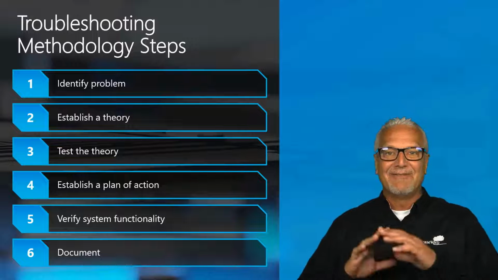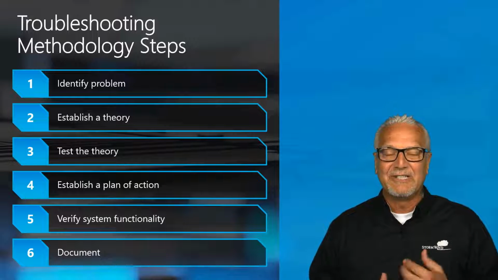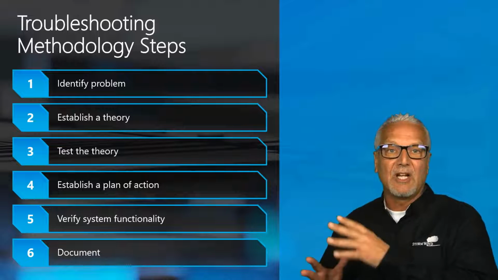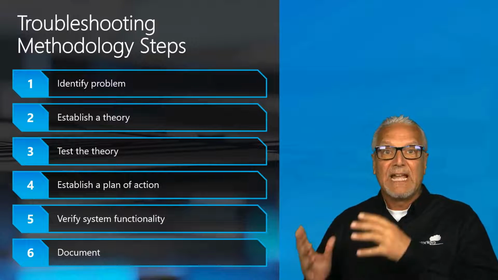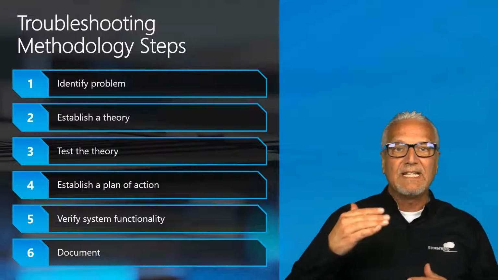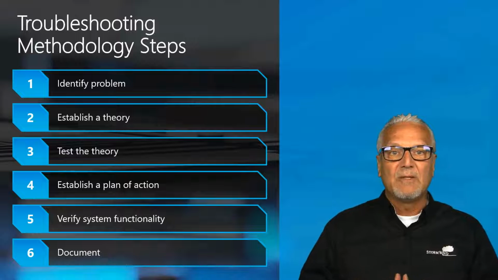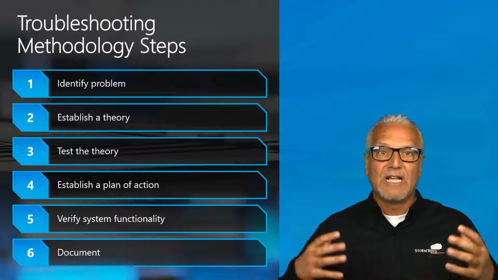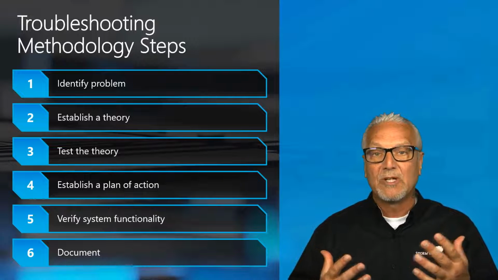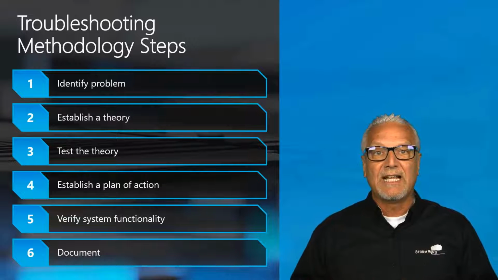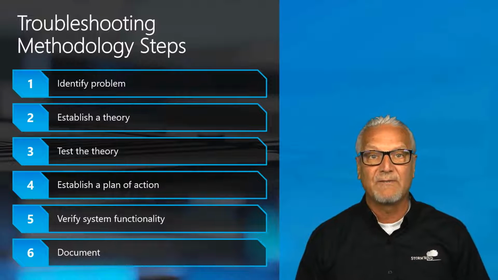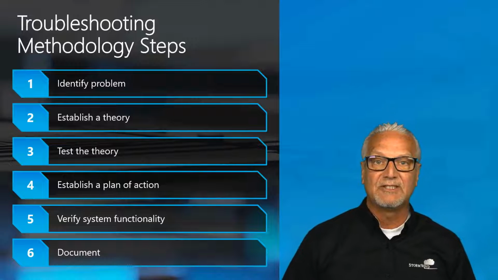Once you get out in the field or in your job, your organization is going to have their methodology that they want you to implement, and you should implement that. But a huge part of getting to a problem is documenting what you did to get there so that other technicians can go to your ticketing system, which you'll probably be working with, and research anything that's happened in the past, and maybe policy's been built around how to fix that particular problem in your organization.